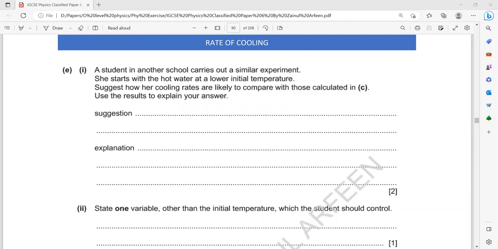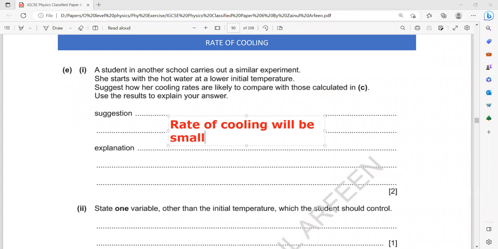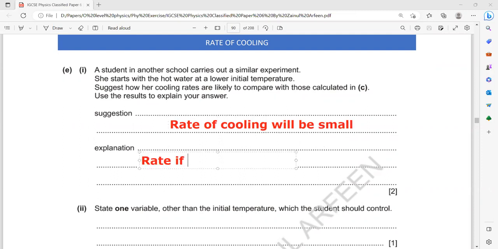The reason is that the rate of cooling depends on the temperature of the liquid. Higher temperature, greater rate of cooling. So, suggest how her cooling rates are likely to compare: the rate of cooling will be lower, and the explanation is that the rate of cooling depends on the initial temperature.